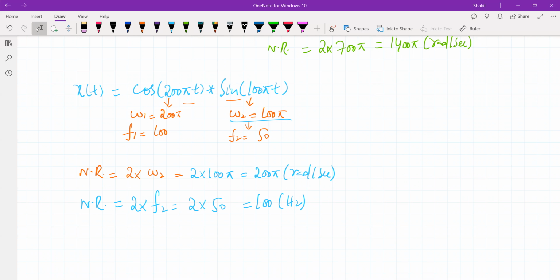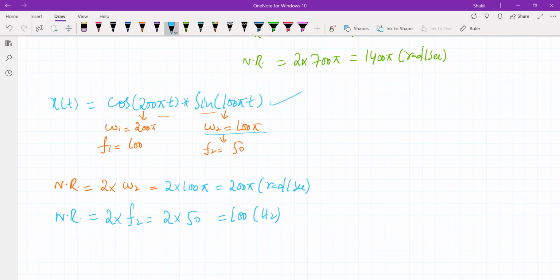Now, why do we say that it is the minimum frequency in convolution? Let me take the example of x of t and x of 2t. When you convolve the signals in the time domain, in the frequency domain they get multiplied.